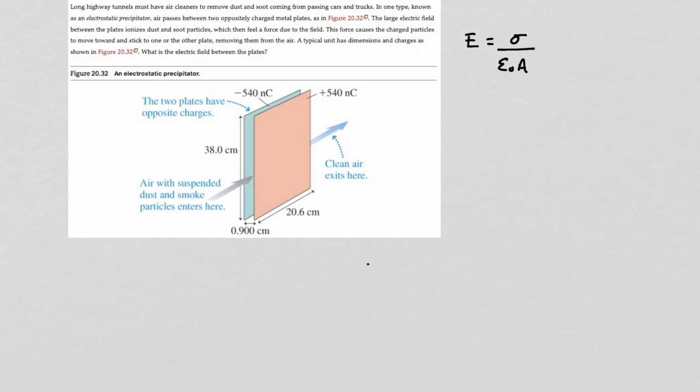So now what's important about this picture here? They give us some information about this air filter. There are two plates, the one in the greenish color here and the one in this Advil color here. And what do we see?